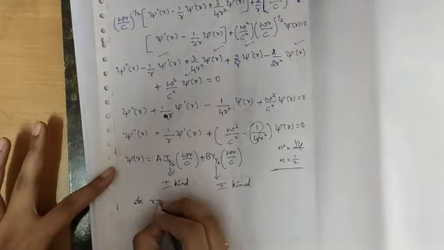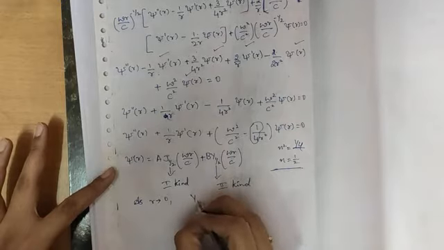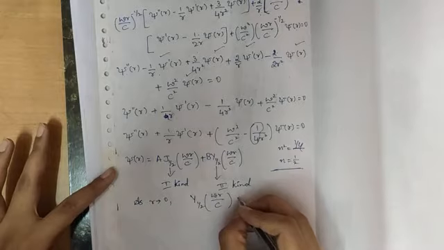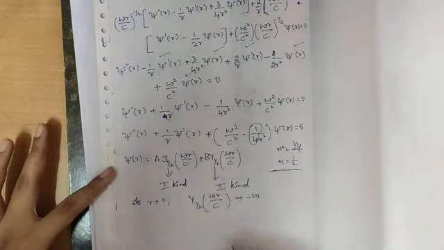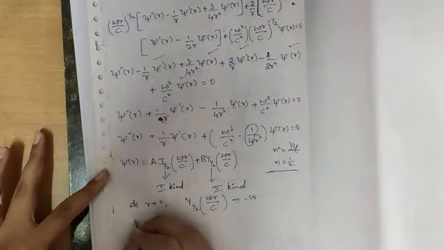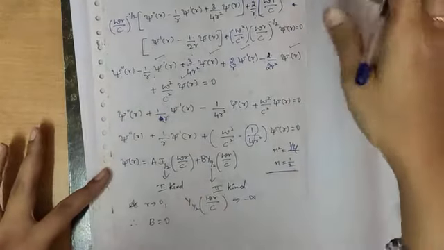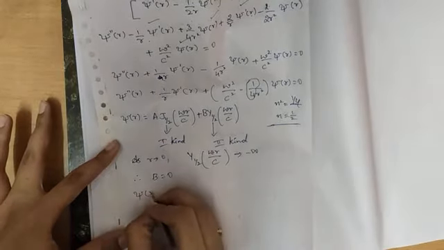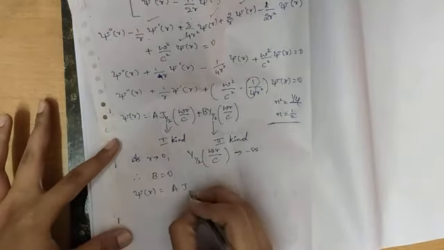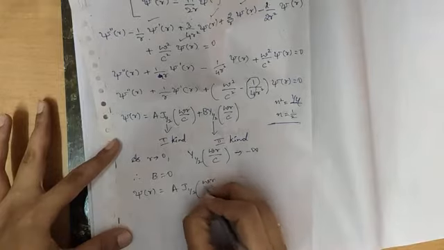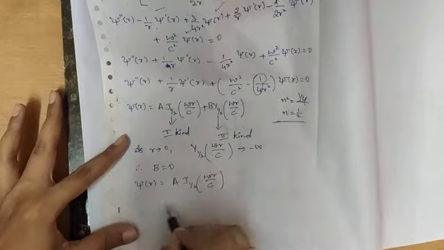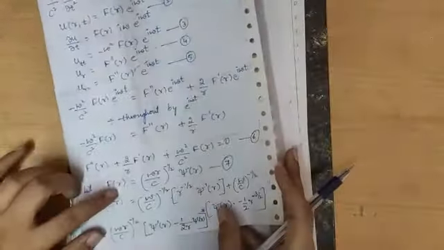As r tends to 0, Y half of omega r by c tends to minus infinity. So you will choose b equal to 0. So the final solution will be xi of r is equal to a into J half of omega r by c.